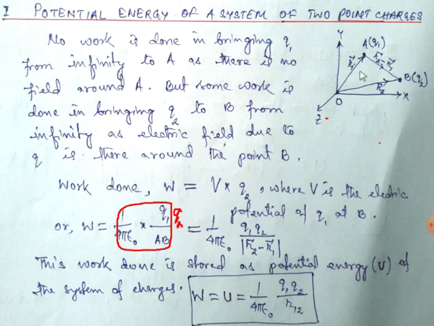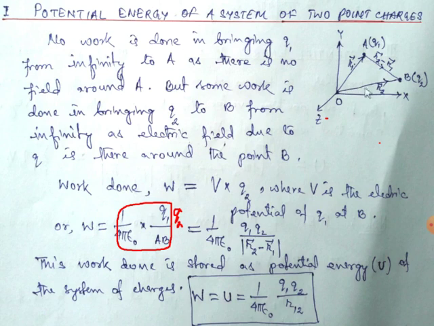R12 is nothing but the distance from here to here or from here to here. That distance R12 means the distance between q1 and q2, that is the meaning. Got it? Yes.